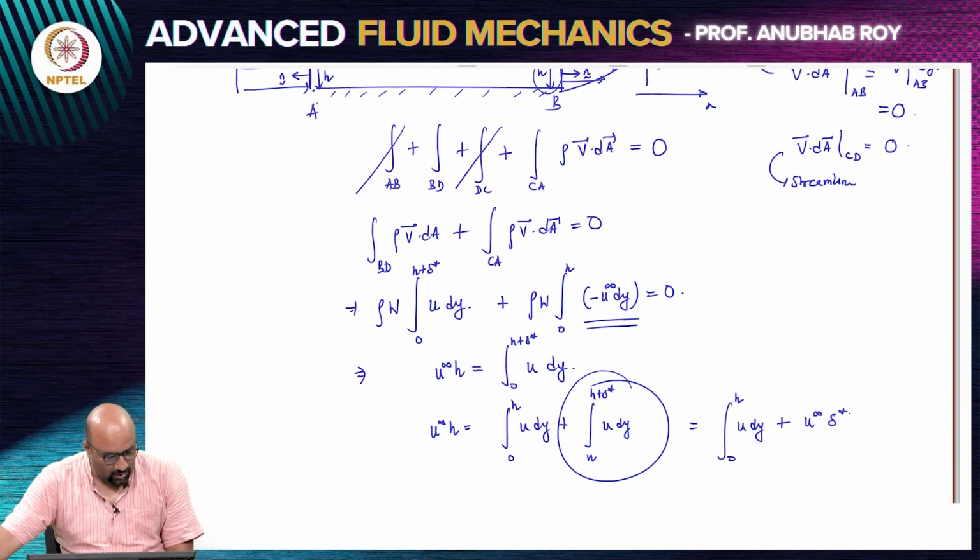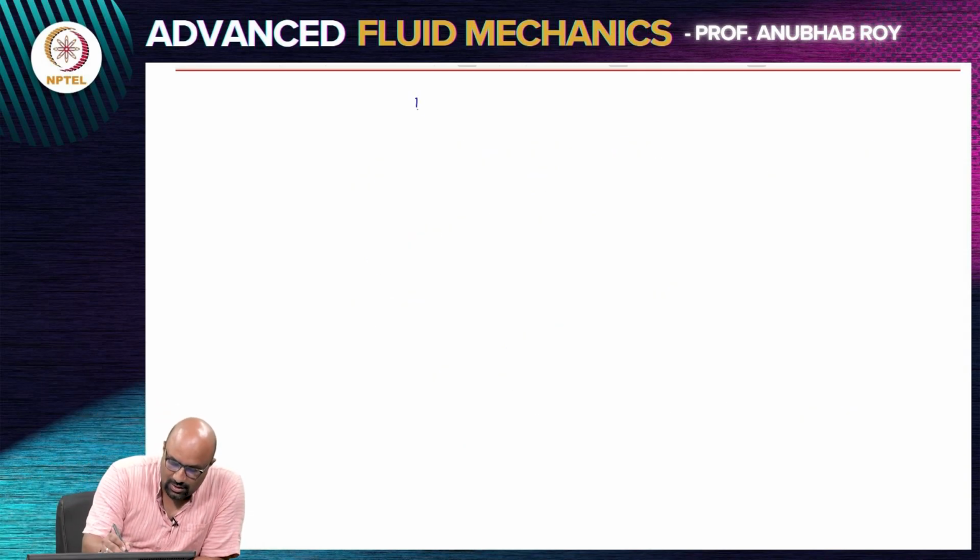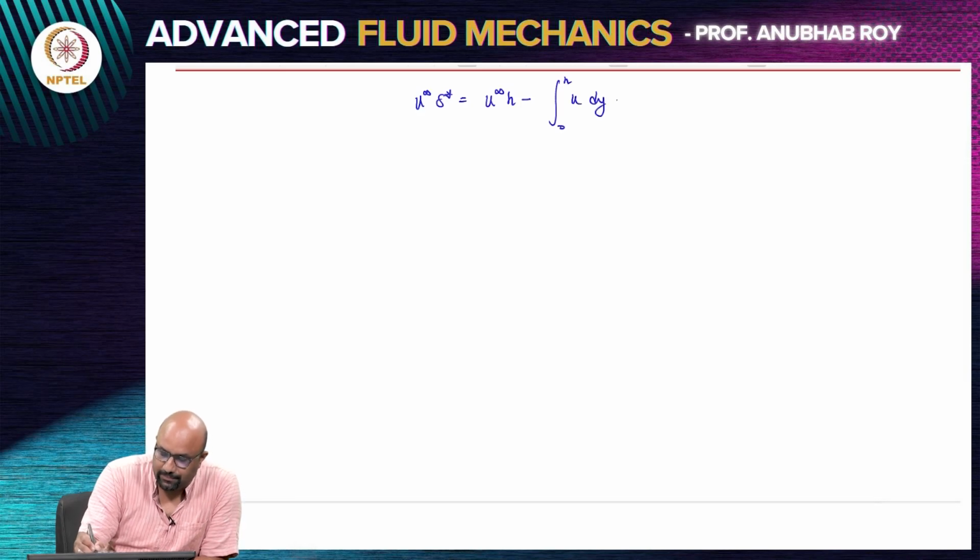So we are almost there. We now have an expression: u infinity delta star is equal to u infinity h minus the integral 0 to h of u dy.